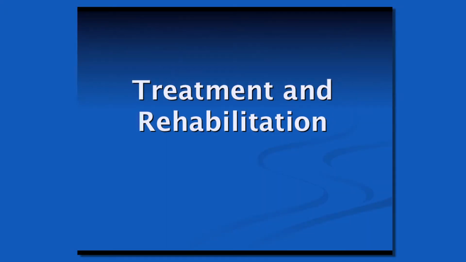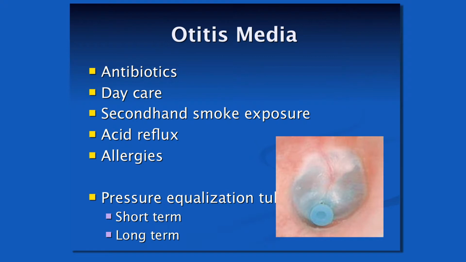So that gets us into what we do about hearing loss once we've identified it, so treatment and rehabilitation. Middle ear fluid, otitis media, we treat that with antibiotics, with removal from risk factors such as secondhand smoke exposure, daycare exposure. These are independent risk factors for ear infections, which can lead to hearing loss and speech and language delays.